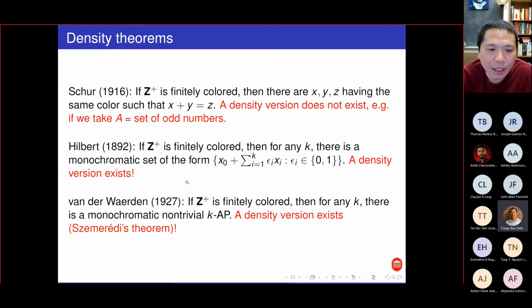Is there any generalized version for Z? I say these theorems for Z plus, but they're all true for Z, and they are all equivalent. If it's true for Z, then it's true for Z plus, and vice versa. It's just a matter of routine checking. All right, any other questions?